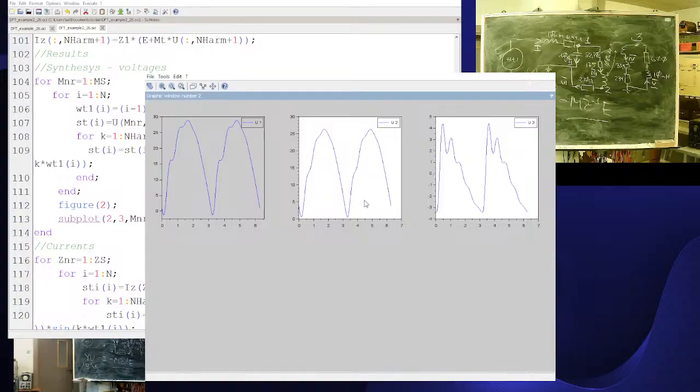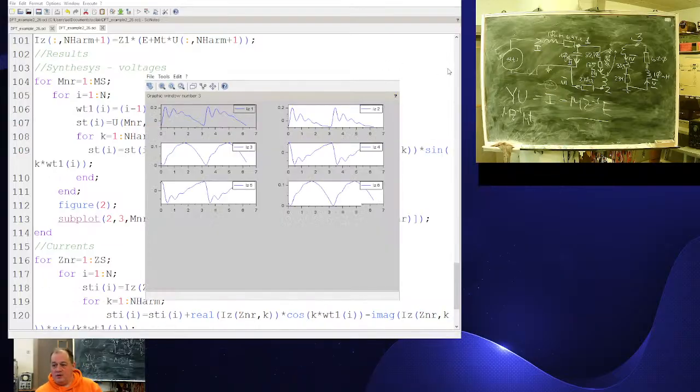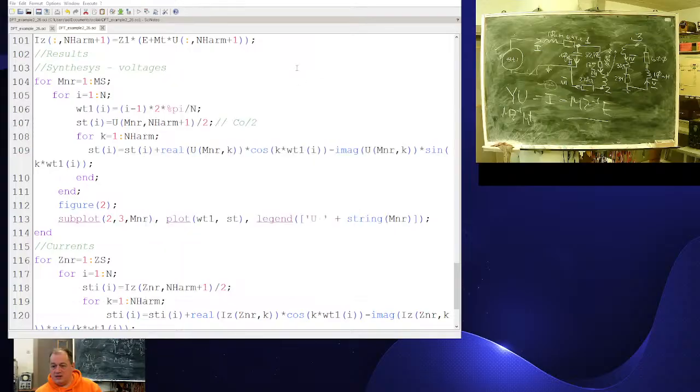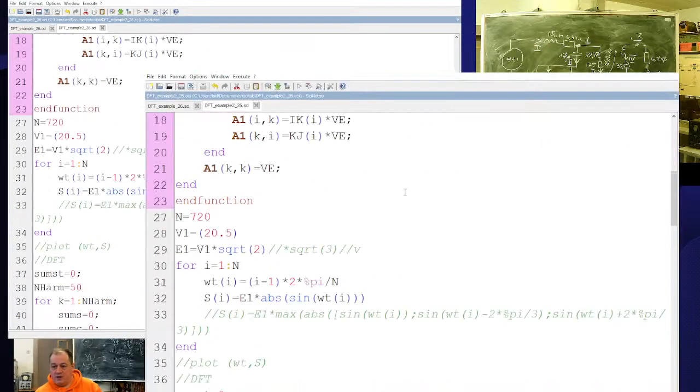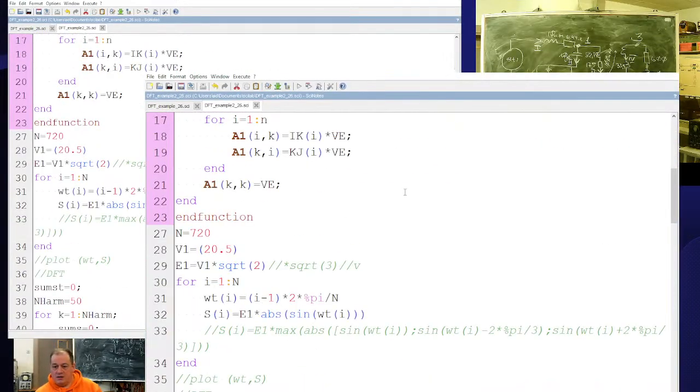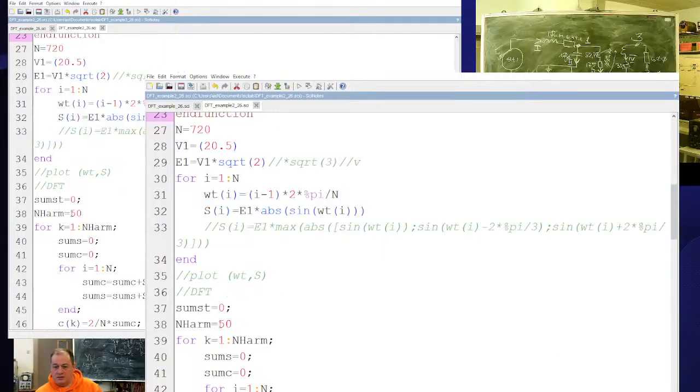Maybe I need more harmonics. Second. Let's make it a bit more precise. A bit more precise. I will add 70 harmonics. Yeah, run.